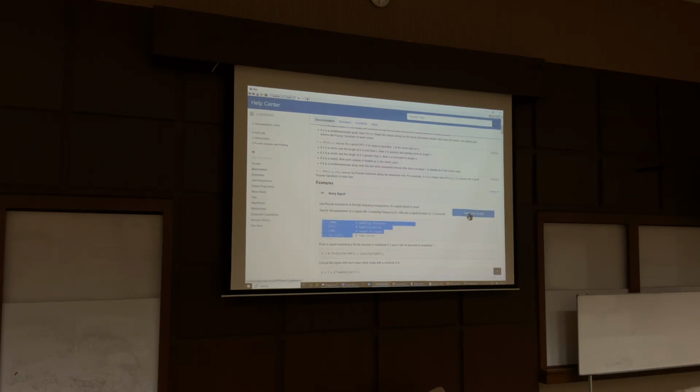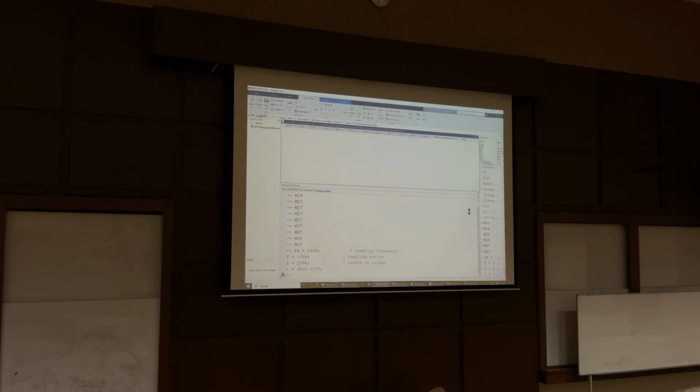Sometimes you see here open live script. That opens directly in MATLAB, and then you can jump from one section to the other, run this section, run this section. And then it plots, for example, the signal.